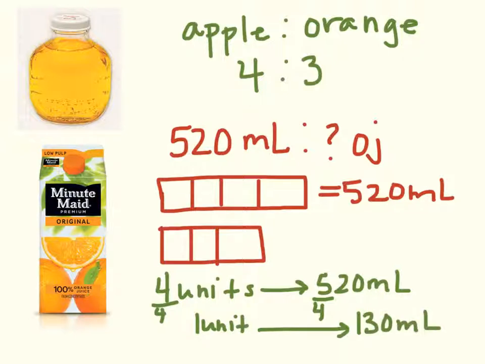If each one of these units is worth 130 milliliters, we can calculate the amount of orange juice used by taking 130 times 3, like this, giving us a quantity of orange juice that's equal to 390 milliliters. So Megan used 390 milliliters of orange juice to mix with her 520 milliliters of apple juice to make the fruit punch.